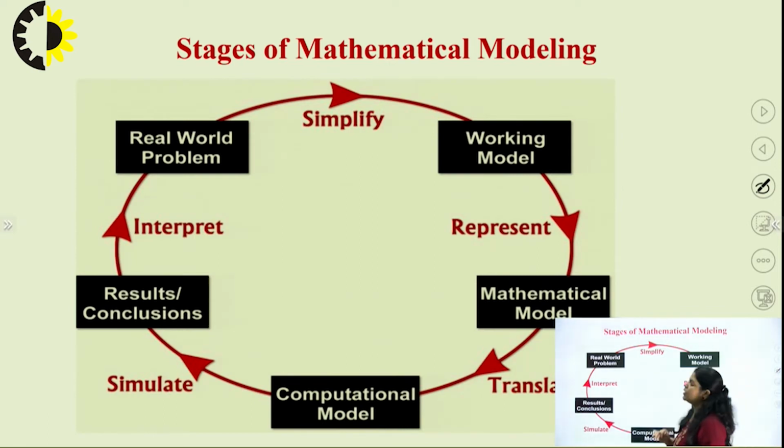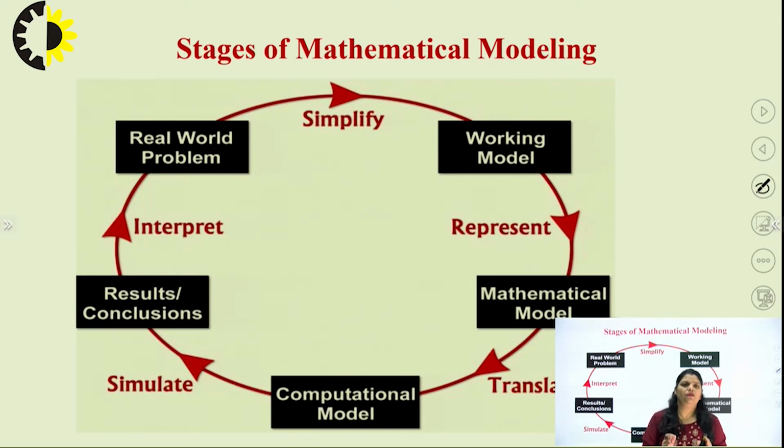Now, we come to the stages of the mathematical model. The mathematical modeling process has 6 stages. First, understanding the problem, and then after understanding the problem we choose the variables. Then we make the assumptions which will simplify our model, and then we solve the equations.